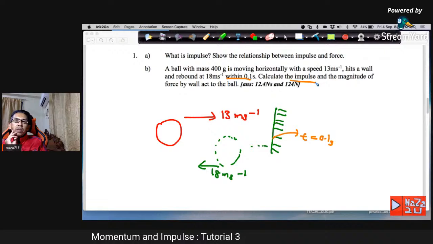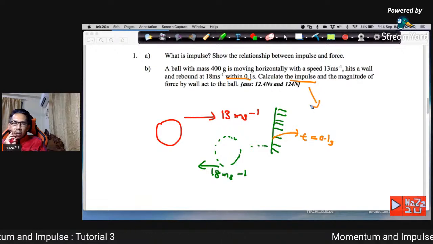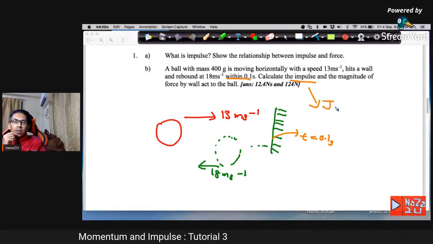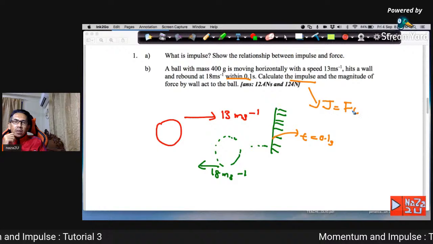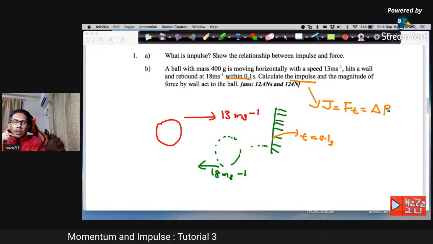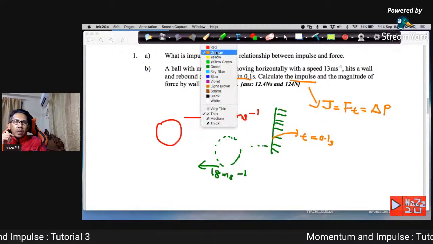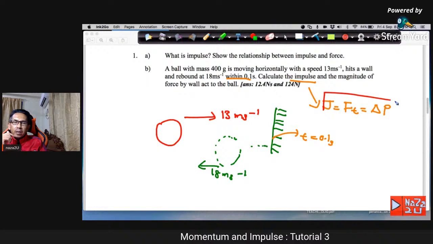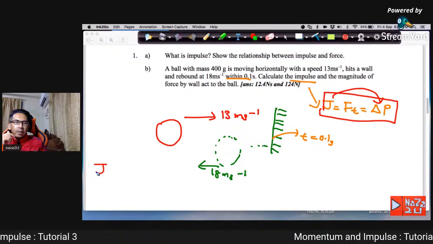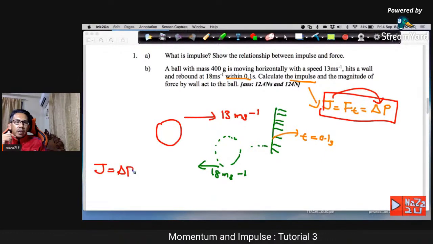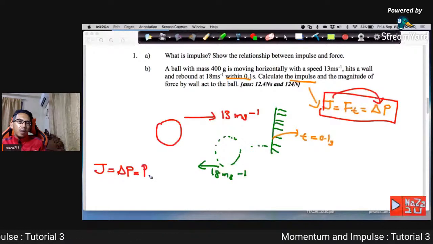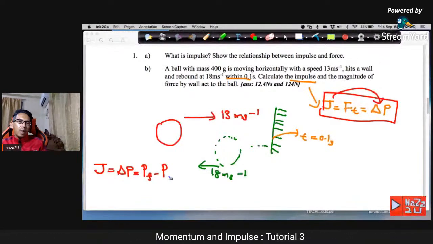So the question asks you, what is the impulse? To calculate the impulse here, you can start with the equation impulse J is equal to Ft. Also, impulse is equal to the change of momentum. So you can use the relation between impulse and change of momentum: J is equal to delta P, where delta P is the change of momentum, momentum final minus momentum initial.